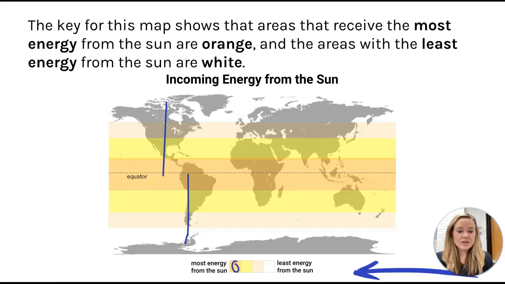So we have orange, orange, yellow, yellow, tan, tan, and white. And we get the least energy from the sun down here and the most energy from the sun up here.